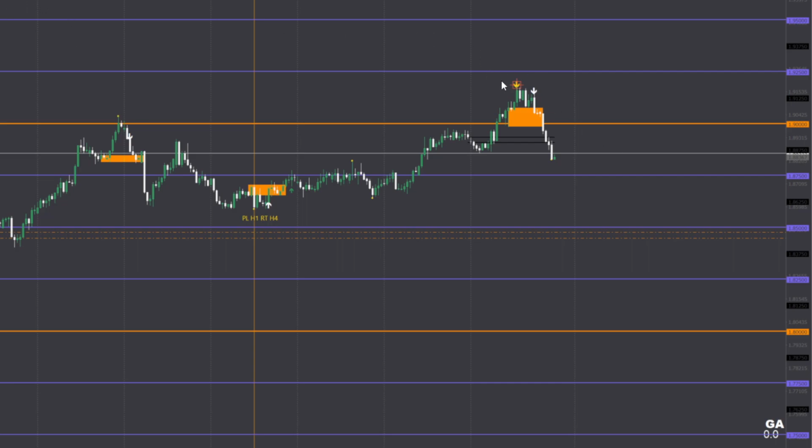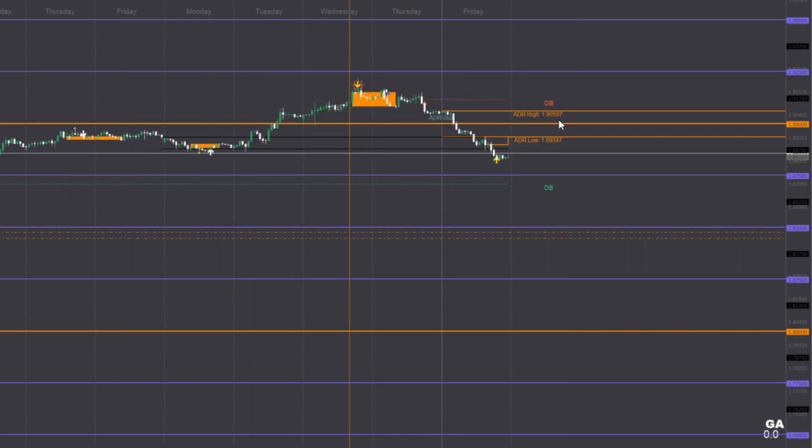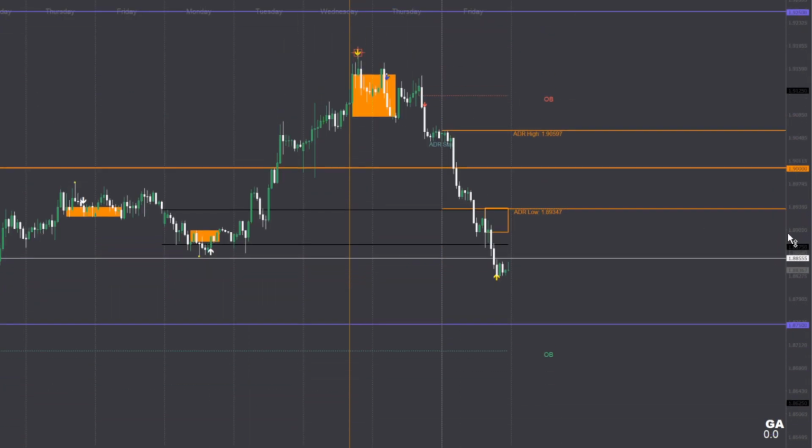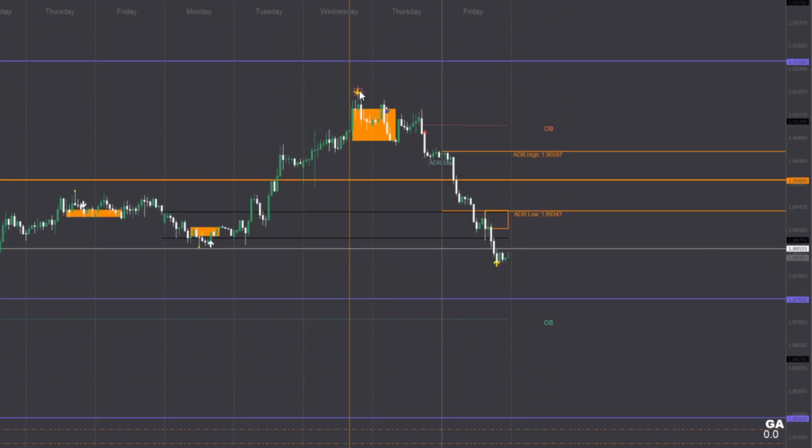Just real quick, this indicator on H4, we're looking at H4 right now. When I see that also on H1, for me that is an ultimate confirmation that we now have a shift in the trend. The trend has officially changed.